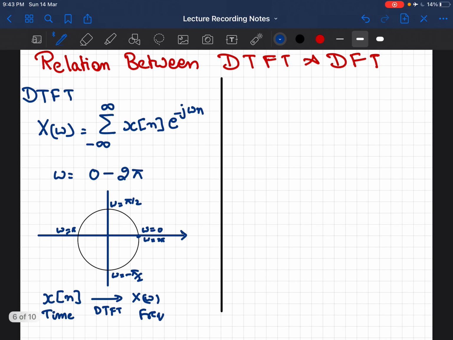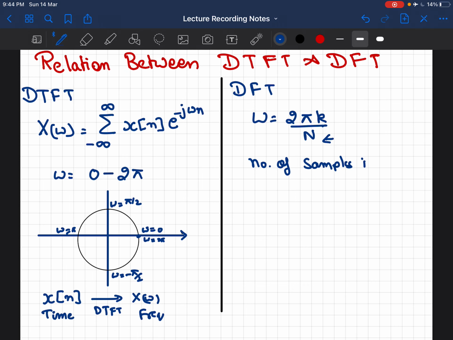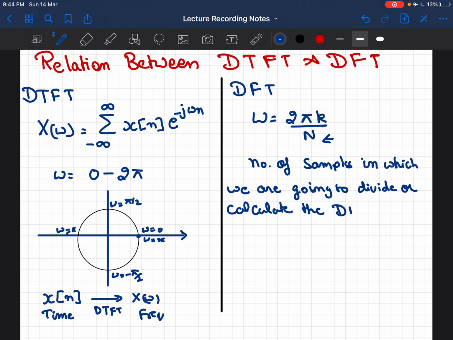Now when we go for DFT, here what I do is I play with this omega, where this omega is being replaced by 2 pi k by N, where N is the number of samples in which we are going to divide or calculate the transform DFT.